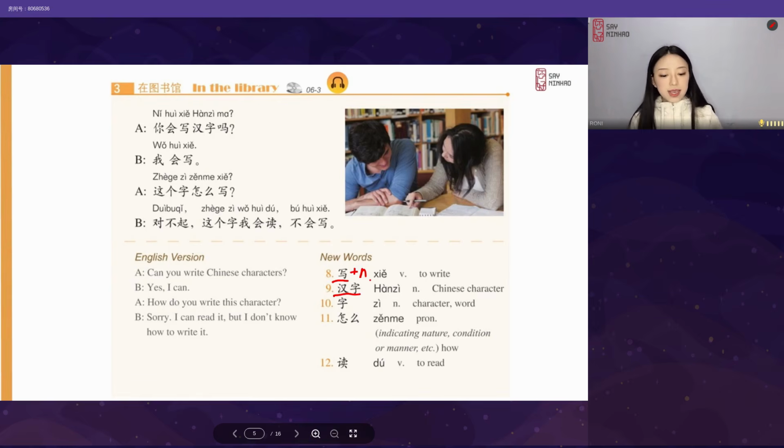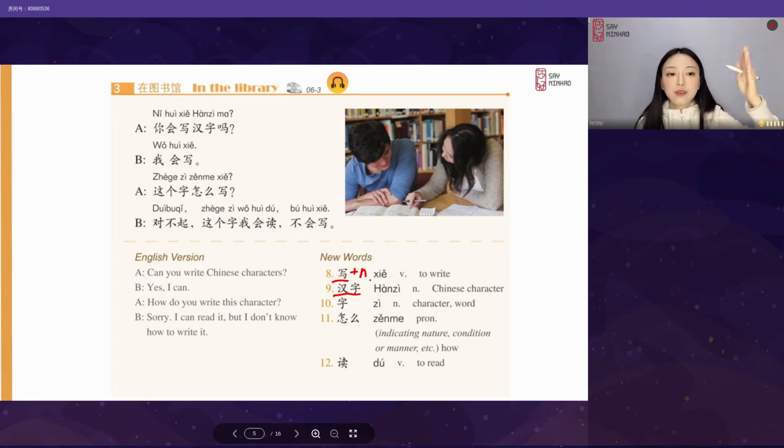Next one is 汉字. Read after me, please. 汉字. It means Chinese character. And Chinese language is 汉语.